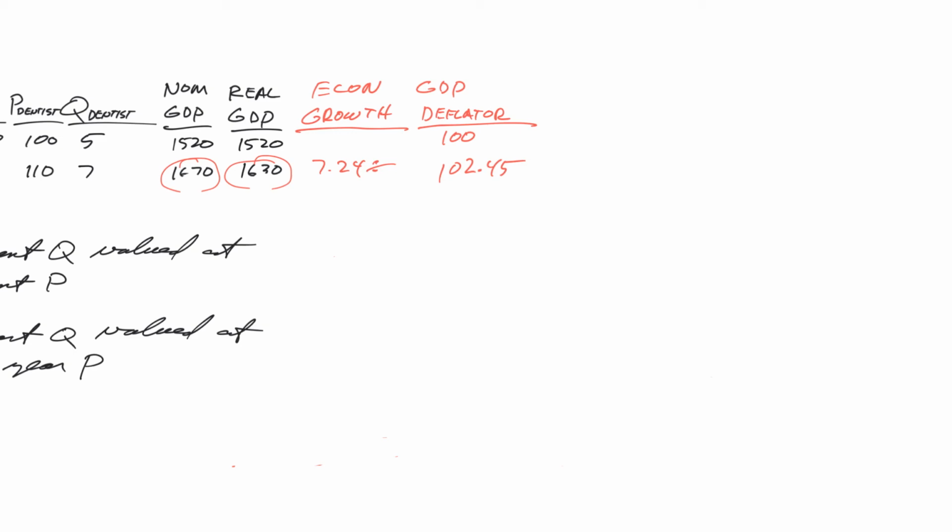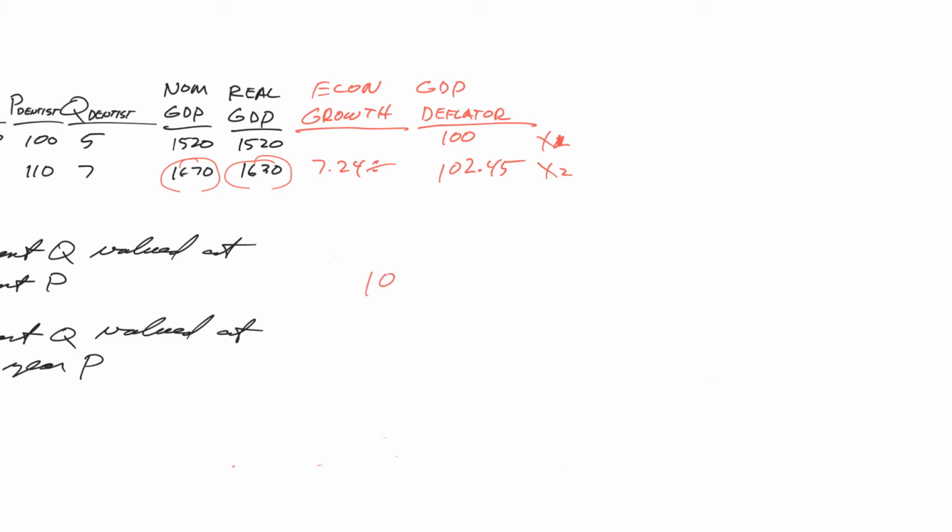So what is the rate of change in the prices? Well, it's just the percent change between these two numbers. So that's x2 and that's x1 in our calculation. We started at 100. We ended up at 102.